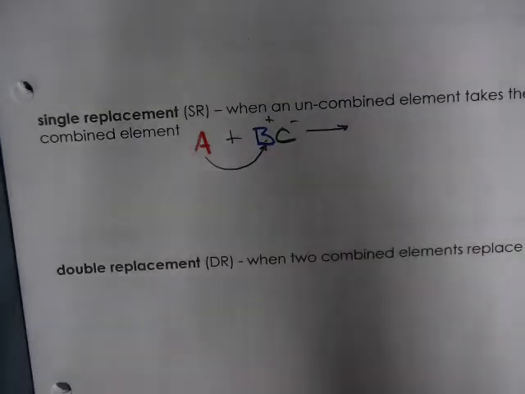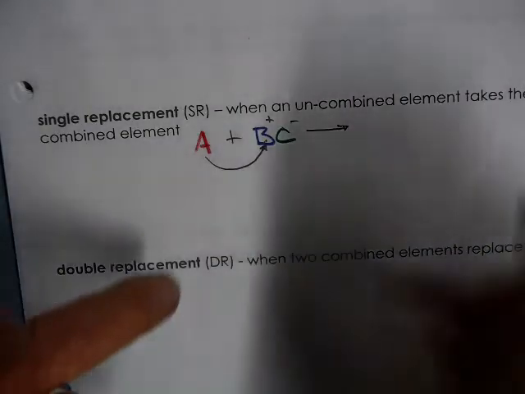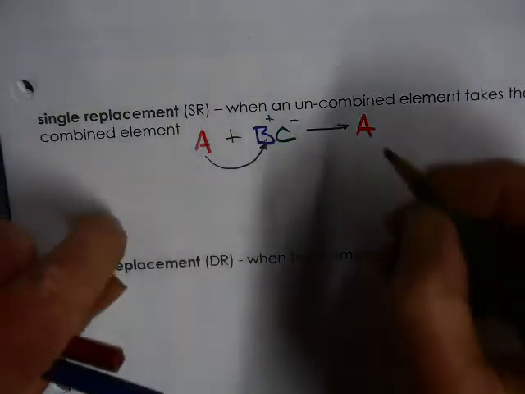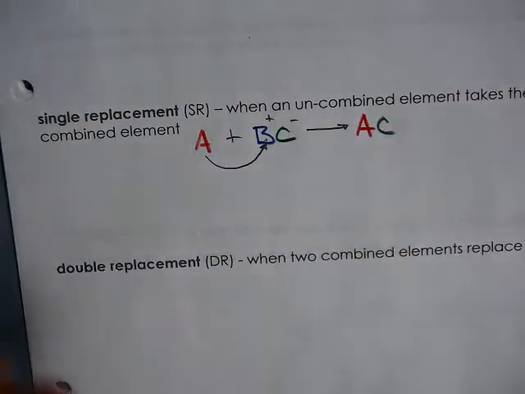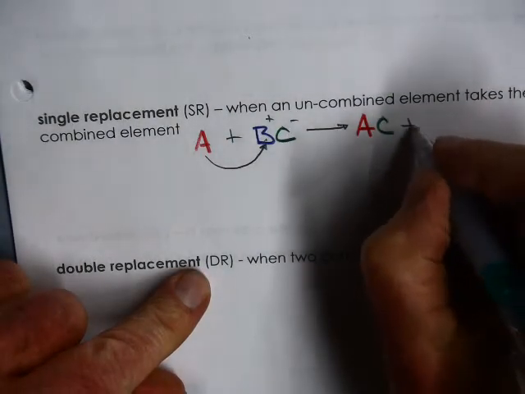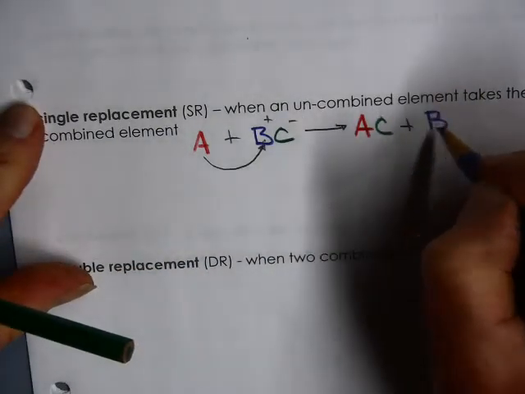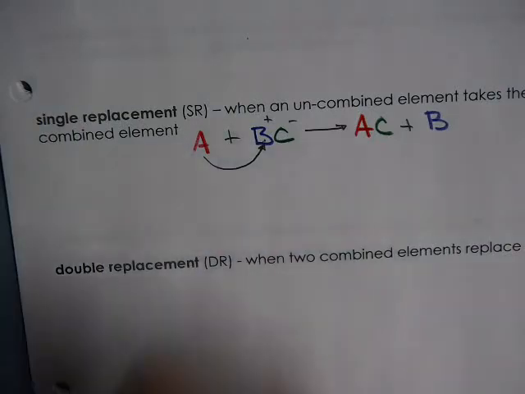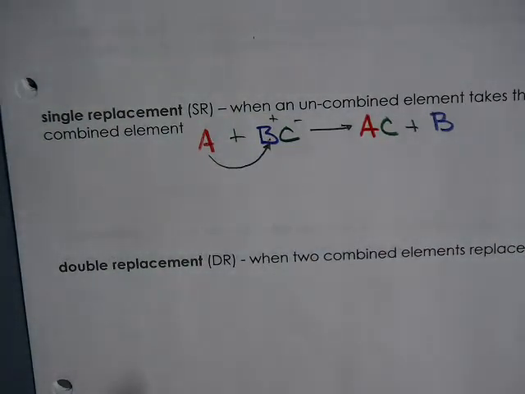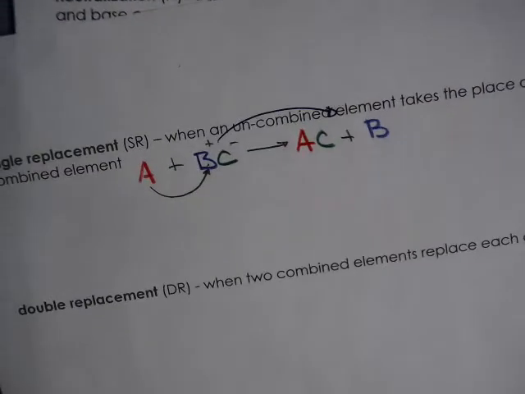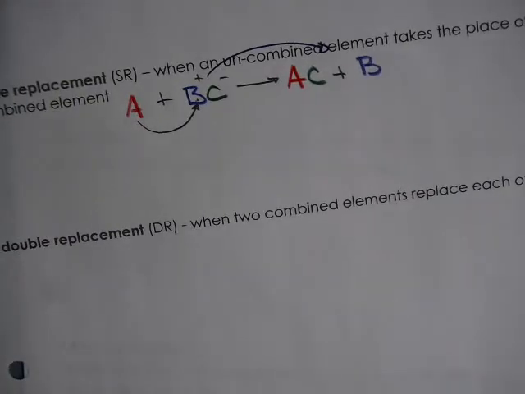But he's going to be ejected. And so you're going to end up with A. So A comes in, kicks B out, like that. All right? Make sense?